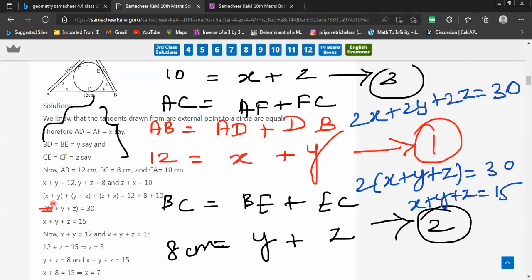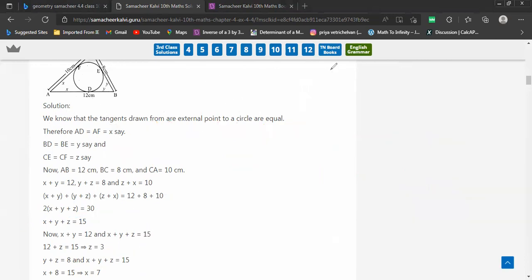So you can find the value of z by substituting x plus y in it. We know the value of x plus y, which is 12. So just substitute x plus y as 12 in this. So it's going to be 12 plus z equal to 15. So from that we can say the value of z is 3. So apply the same strategy for the rest of the equation for finding the value of x, y, z.